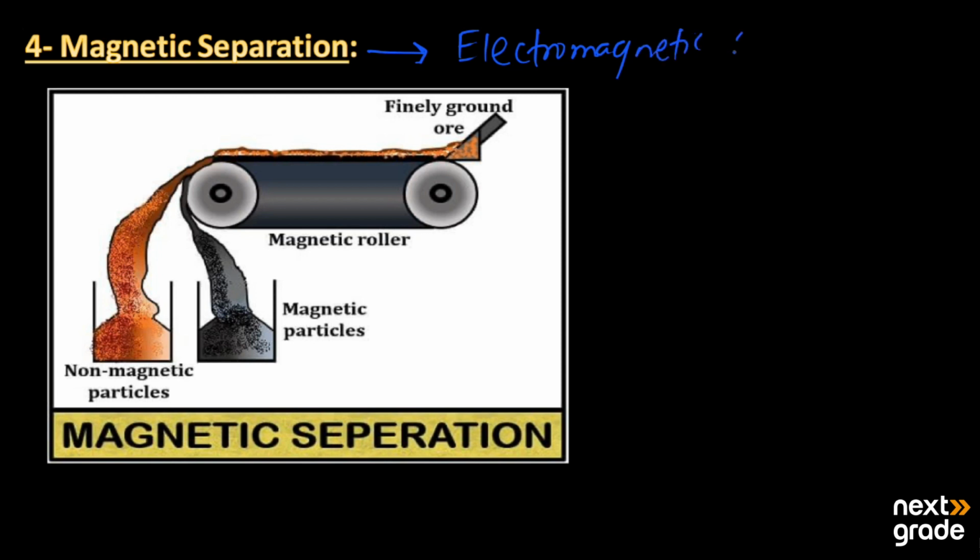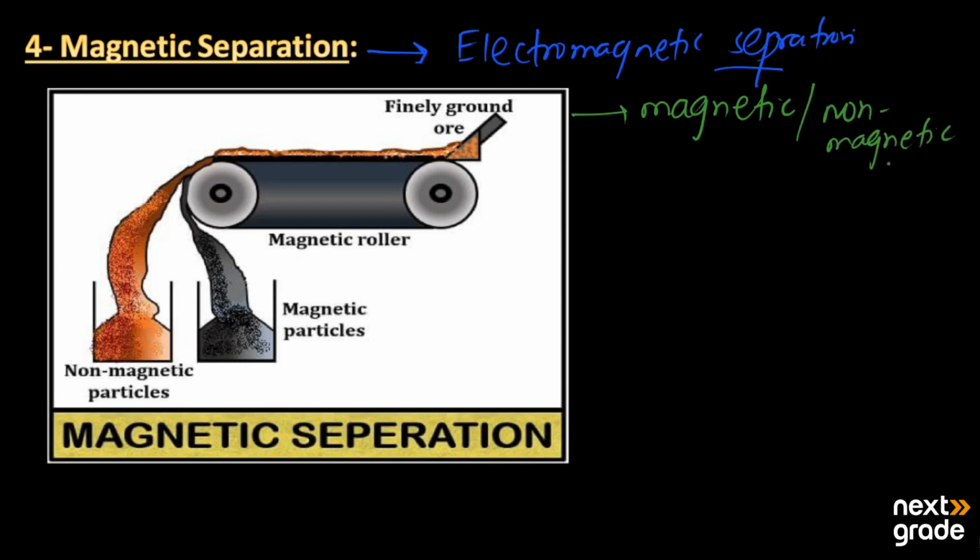In this process, the ore which we are going to concentrate may contain two types of particles or impurities. It may have magnetic particles and it may have non-magnetic impurities. Magnetic ones are attracted towards the magnet and non-magnetic ones are not attracted by the magnet.